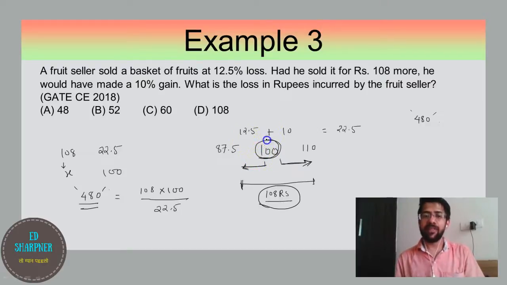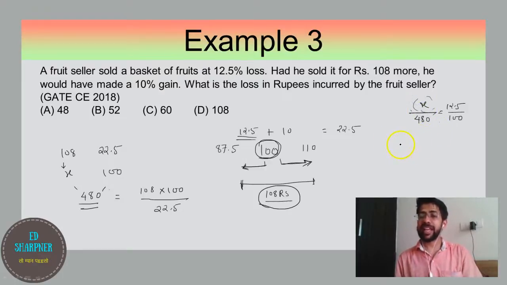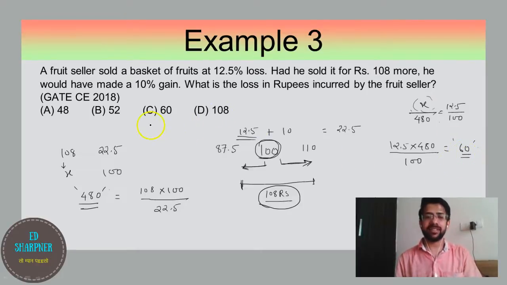Now for every 100 the loss incurred was 12.5 rupees, and I have to calculate the loss incurred for 480. So I will just write down the equation once again, and this will be x. I want to find out x again. So this x is nothing but 12.5 into 480 divided by 100. So you get 60. So my answer is 60 rupees. I hope you have understood.